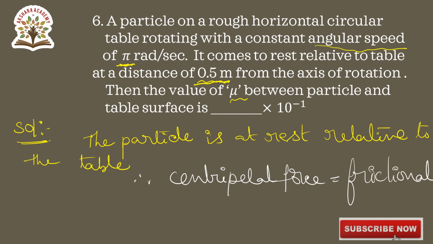Centripetal force is equal to frictional force. So, centripetal force is nothing but m omega square r. Frictional force is nothing but mu m g. Here m cancel, and next we will write omega square r is equal to mu into g.